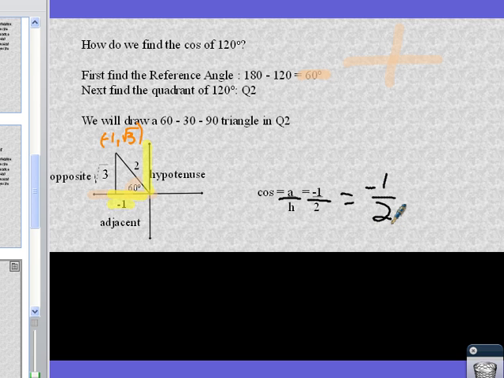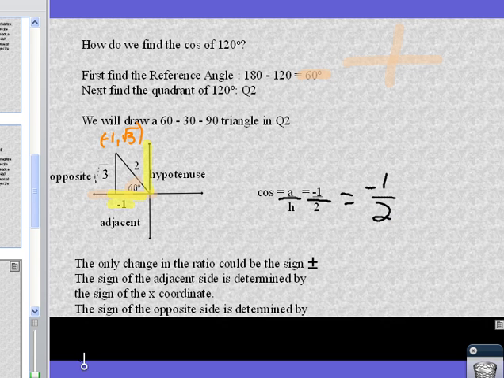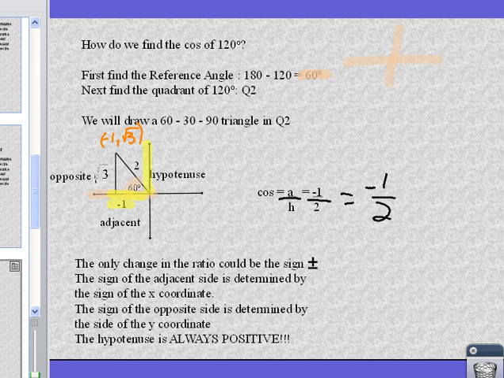So the next thing we're going to do is take into account the quadrants of the various angles. It says the only change in the ratio will be the sign of the ratio. So no matter what quadrant you have, once you find the reference angle, which tells you which triangle to use, you're going to get the same ratio of sides as we saw in the first 3 slides, but the sign could change.